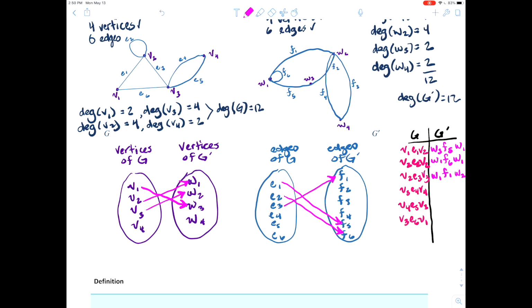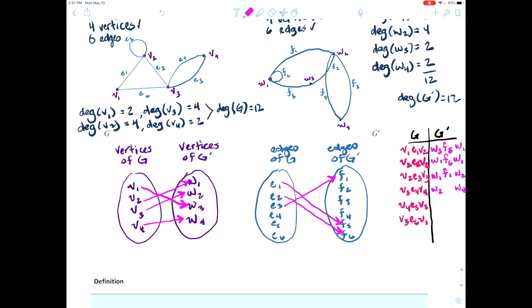Now we've got that V3 maps to W2. What's left? V4 would have to map to W4. Let's see if that's going to work. V3 has a degree of 4 and V4 has a degree of 2. There are a couple of different situations.